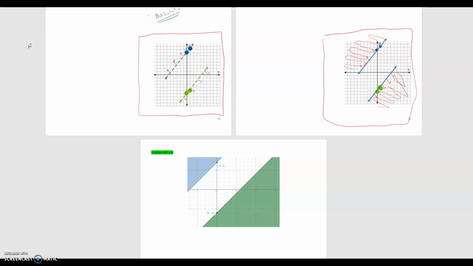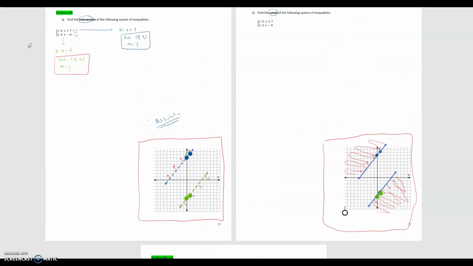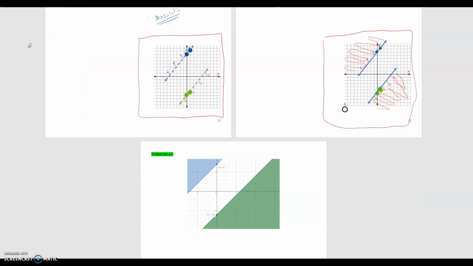The overlap of the two solutions is what gives you the solution of the intersection. So in this case, this is a graph with nothing shaded. We do leave the coordinate points there because we needed them for the line. And in the union, you put both of those together, which is what this graph represents using technology. It includes all the coordinate points in here and all the coordinate points there.